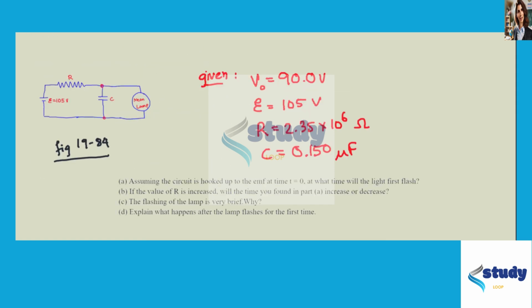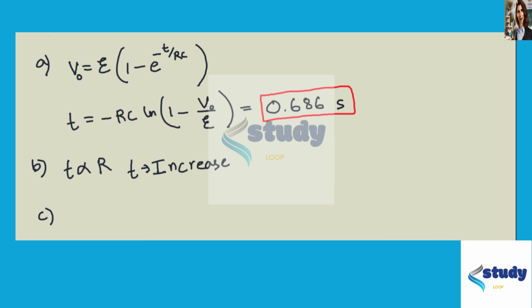What happens here is the neon lamp is nothing but a lamp filled with ionized gas, and since it's just a lamp filled with ionized gas, it has very low resistance.